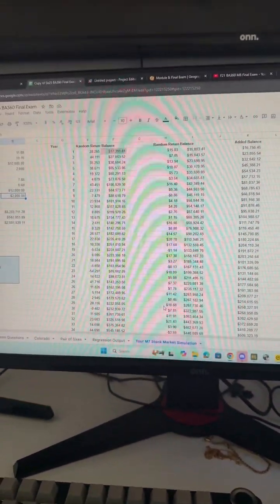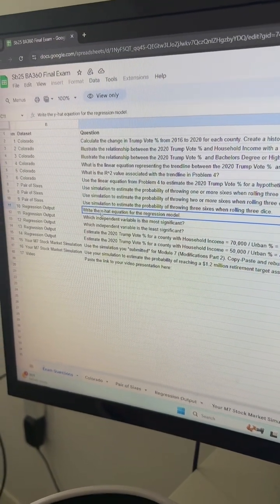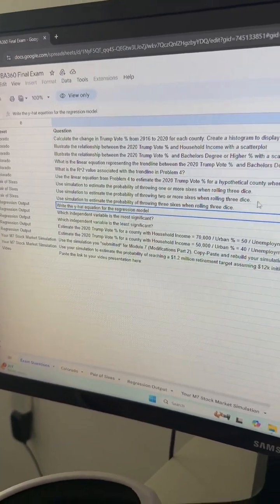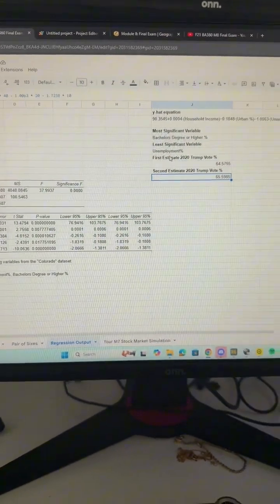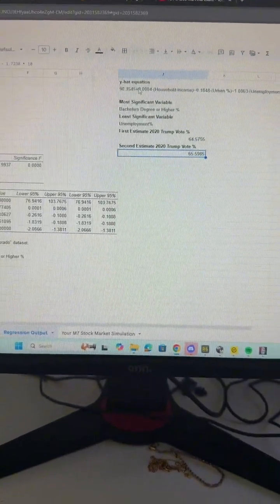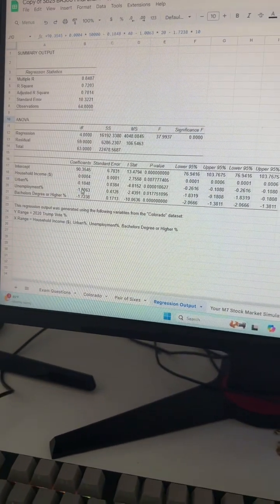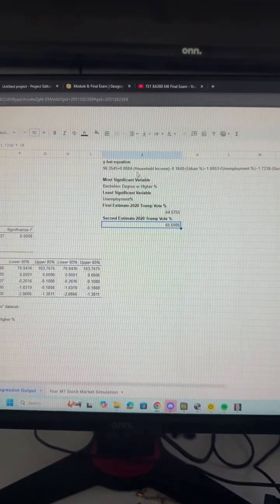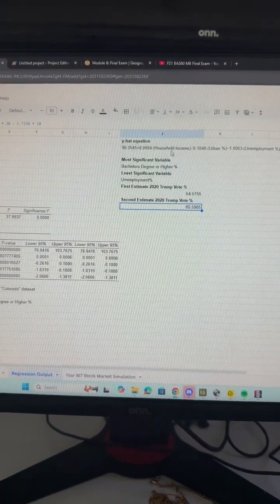Now when we come over here to the regression output, we're going to write the y-hat equation. I have my answers right here. The y-hat equation is adding the coefficients and their respective variable.